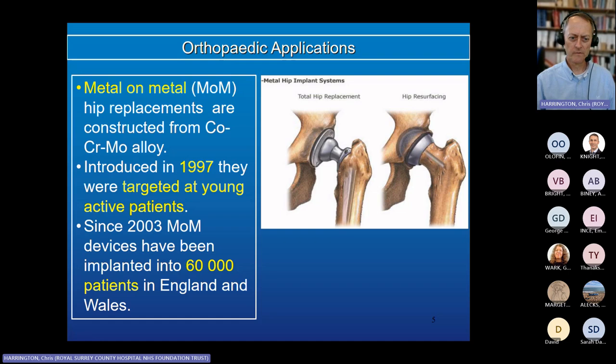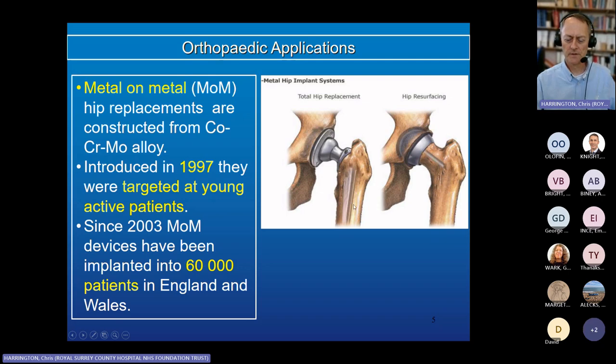Obviously a younger person is going to have a hip replacement for a longer time, and may be more active. So these were seen as being a good use because they were thought to last longer, so that people wouldn't have so many second hip replacements through their active lifestyle.